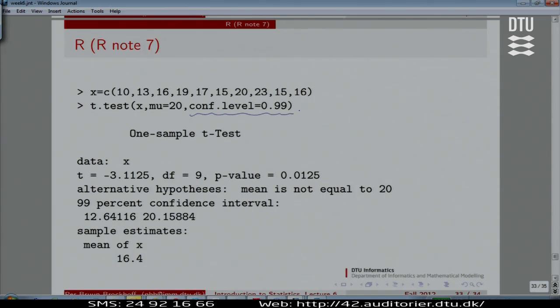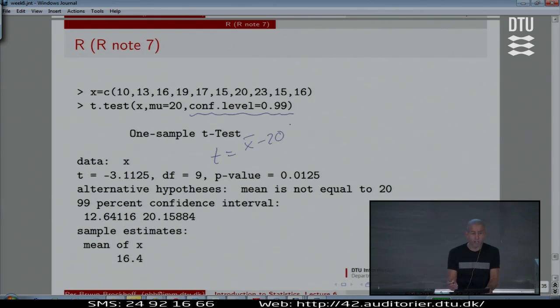I'm just finding this so I have a place to write. So, the hypothesis test takes the average, subtracts, in this case, 20. This is just yet another example where mu equal 20 is tested, divided by the standard deviation over root n.